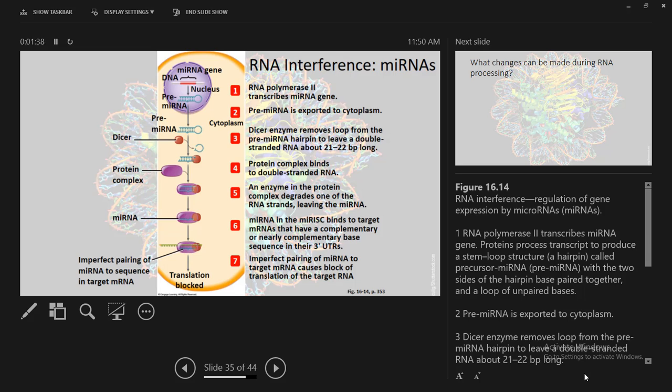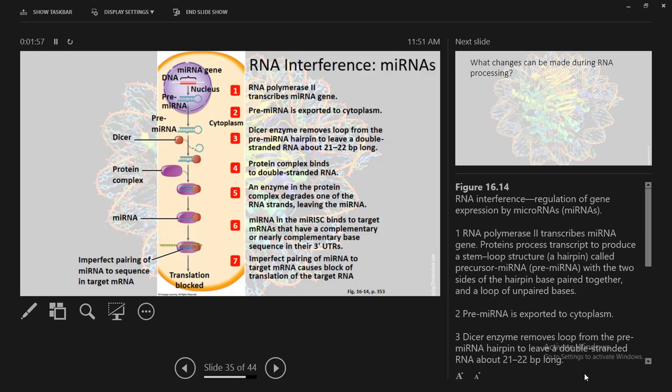Now, this right here, the miRNA, is one of those small interfering RNAs. One of those RNAs that can go in and interfere with our other mRNA before it gets translated.